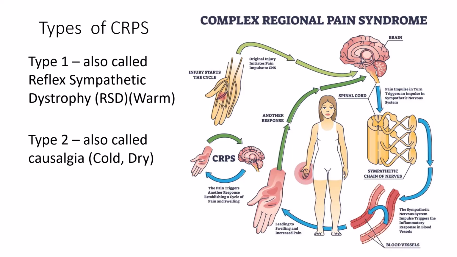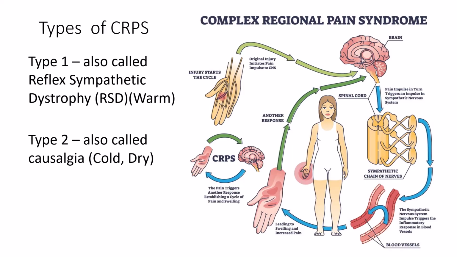Complex regional pain syndrome is a unique and specialized pain syndrome that affects the brain, spinal cord, and the peripheral nerves. Here's the Merck Manual's definition of complex regional pain syndrome.